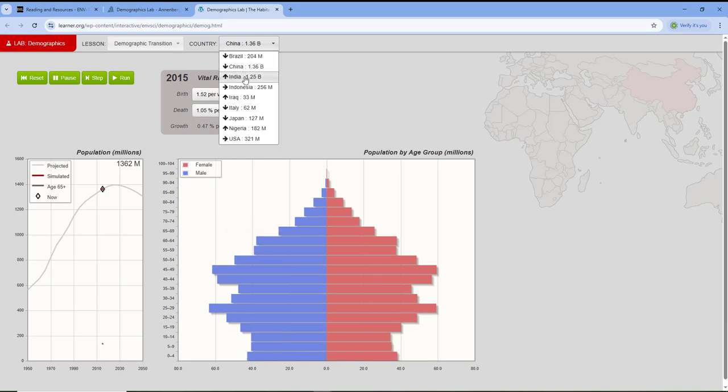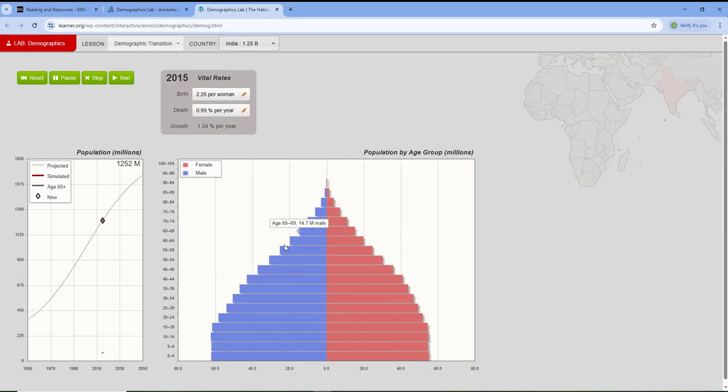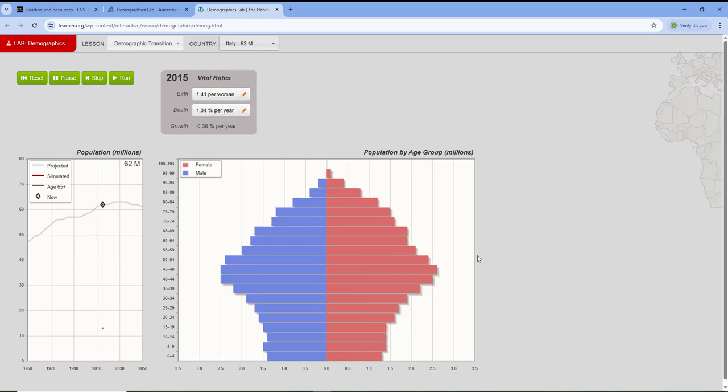You can see a growing country, for example India, is more triangular shaped. A country like Italy is experiencing negative population growth, so it's almost a diamond shape.